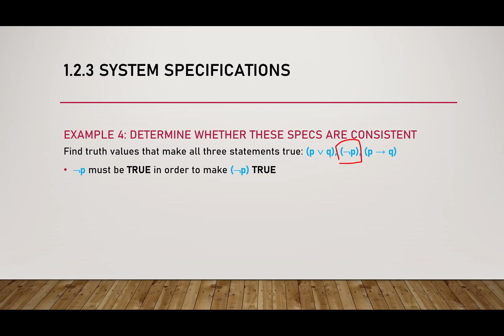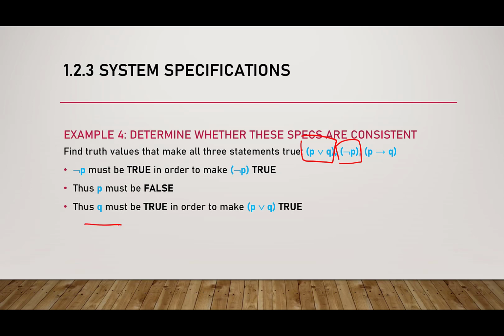What are the consequences of that? Well, that means P is false, right? I think we all agree with that. That means P is false, which means this right here is false. Okay, if P is false, what must occur for that whole thing to be true? Well, Q must be true, right?